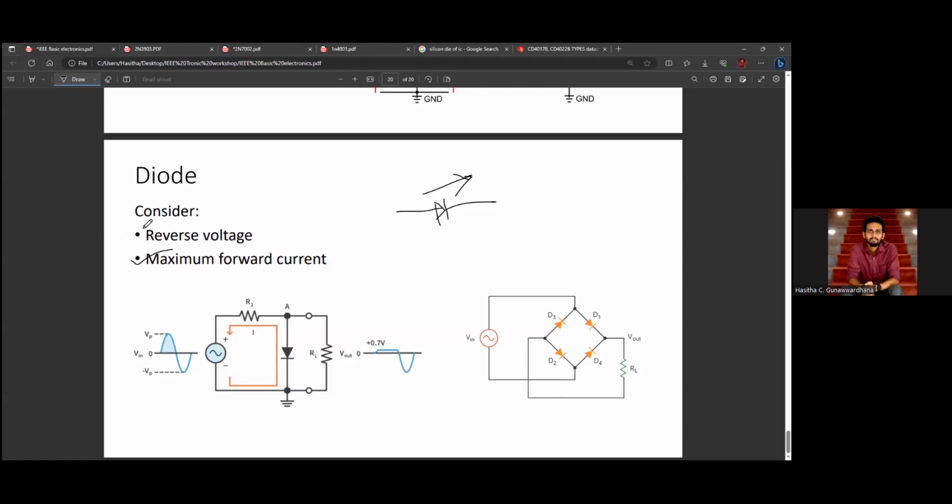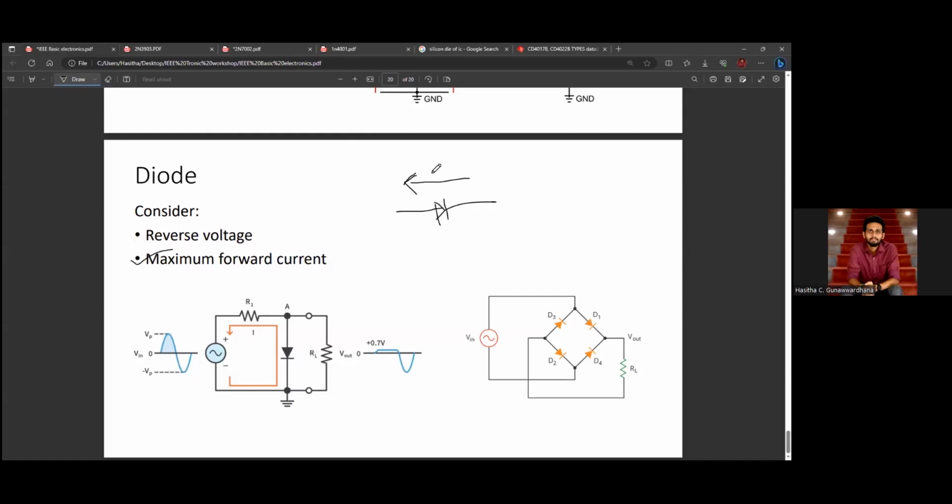So what is this reverse voltage? This reverse voltage means, if we apply a voltage in this direction, this diode will be turned off and there will be no current flowing in this direction.